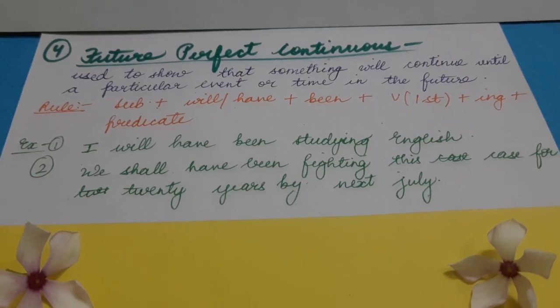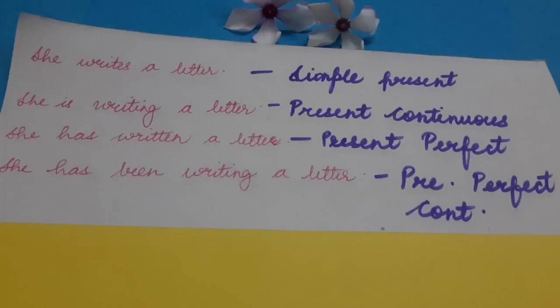And the number one example says that you will have been studying English till that time. Let's say it's 1 o'clock, and you will have been studying English till 3 o'clock. So it is telling us that in the future you will start studying English, and then you will have been studying English till that time in the future.